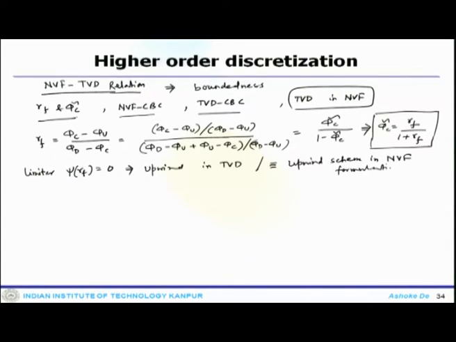That means this will tell you phi f tilde is equal to phi c.